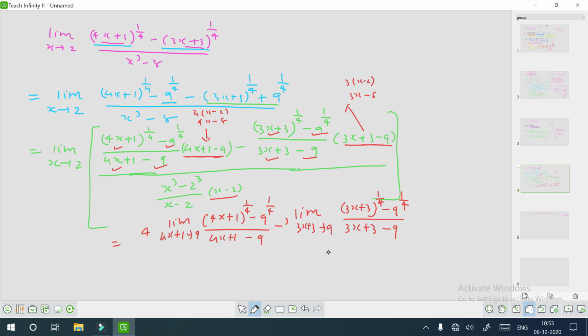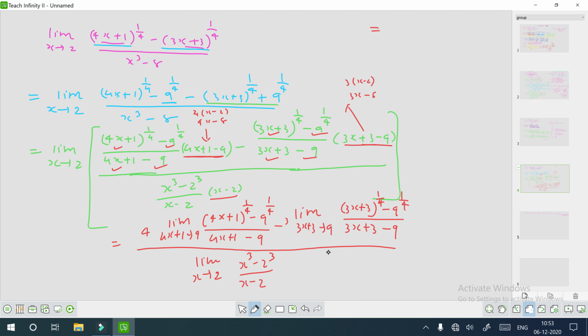Of course, now in the denominator quantity, limit x tends to 2, x cube minus 2 cube over x minus 2. Agree with me? Yes. Now let us apply that standard form.